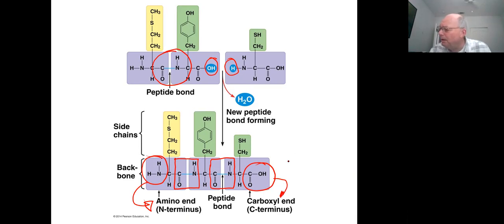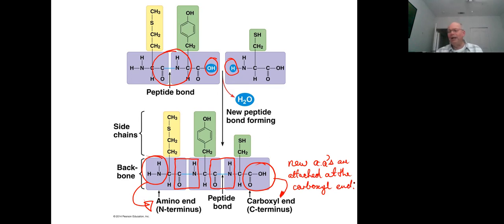New amino acids are always going to be added with the carboxyl end.